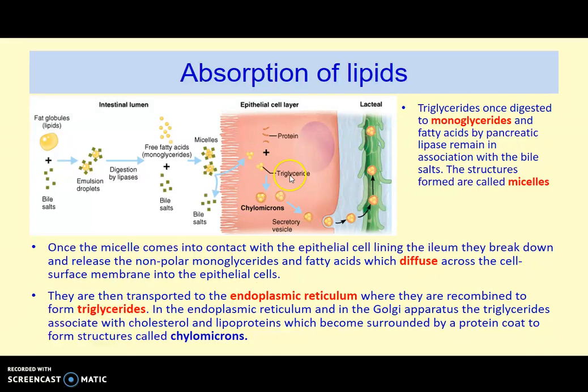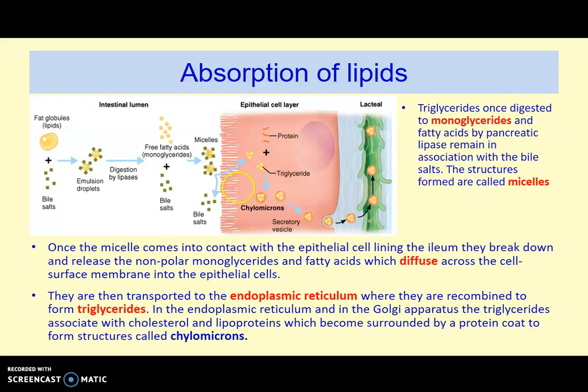Once in the epithelial cells, something a little bit different happens. They're transported to the ER, where they're recombined into triglycerides. So you can see here that they're formed into triglycerides in the endoplasmic reticulum, and then in the Golgi apparatus, those triglycerides will associate with cholesterol and other lipoproteins, and become surrounded by a protein coat.